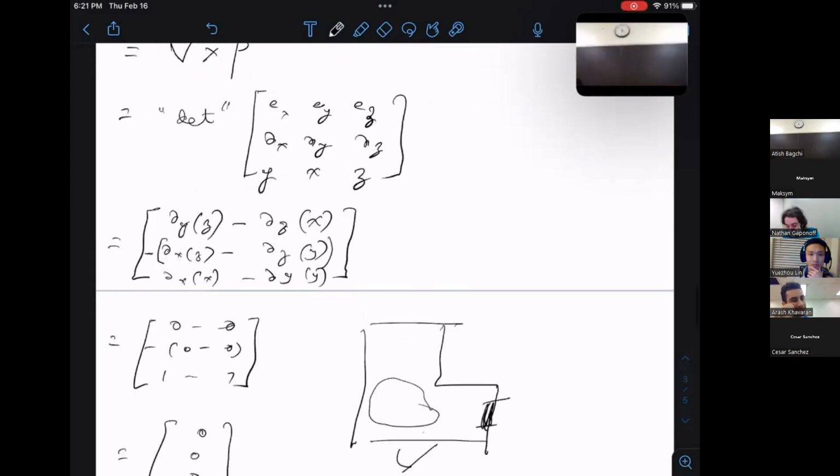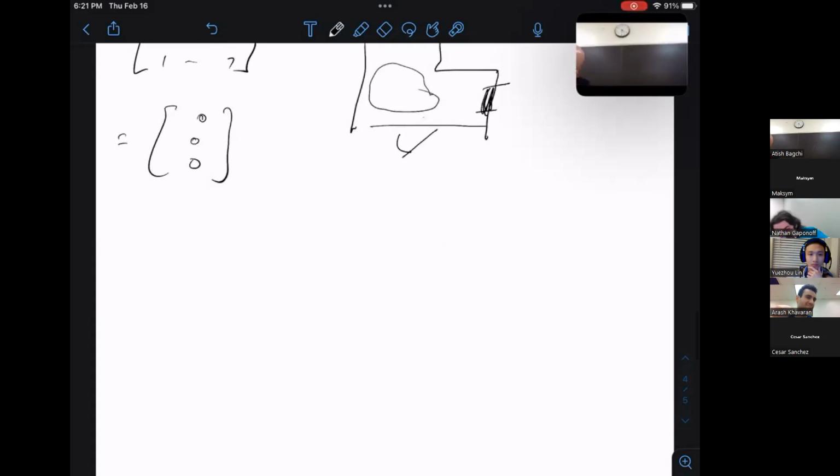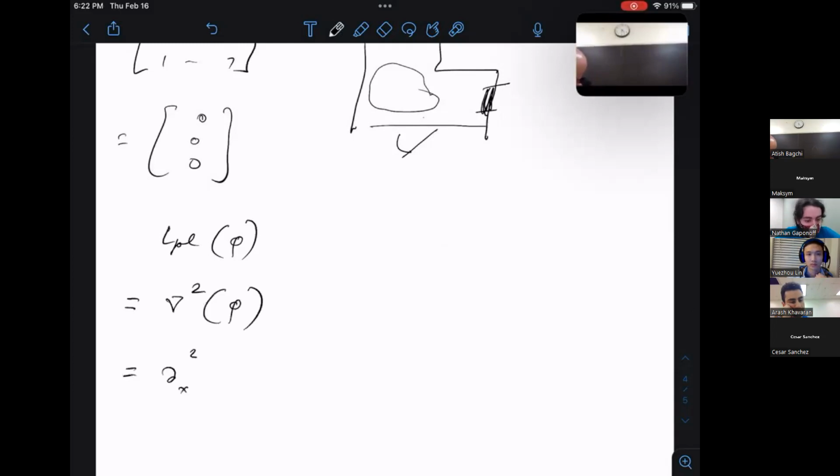So the Laplacian of the first one. The Laplacian you can calculate of a scalar or a vector field, so I will do it for a scalar field. So the Laplacian of phi from the beginning, right? It was xy, wasn't it?